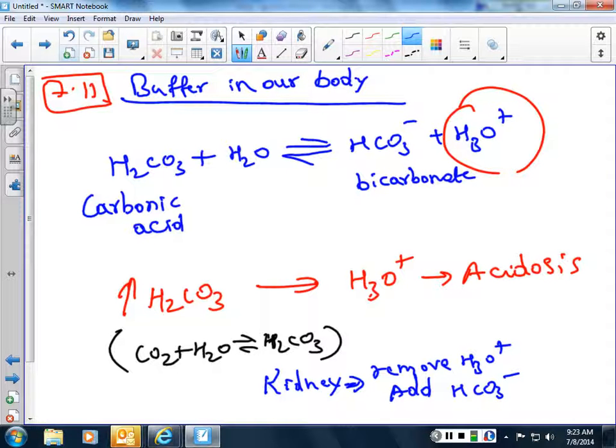If you remove more CO2, which way will the reaction go? Towards the reactant. So there will be less carbonic acid. If there is less carbonic acid, acid will be less. If acid is less, what do you get? Alkalosis. Alkalosis means you are making less acid because the acid is going back.